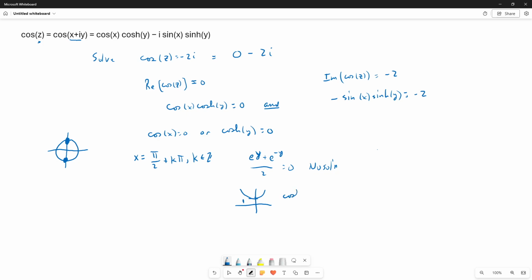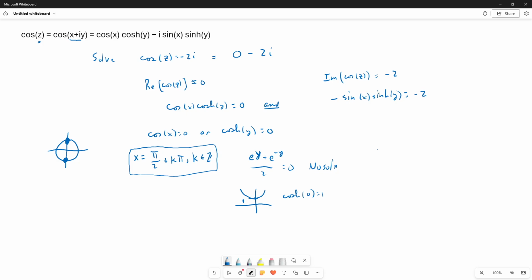So the cosh 0 is 1, and that's the minimum value of the hyperbolic cosine. Okay, so the first equation here, cosine x times hyperbolic cosine of y equals 0, tells us that x has to be of this form, and it gives us no information at all about y. So let's put that in our pocket and move over here.